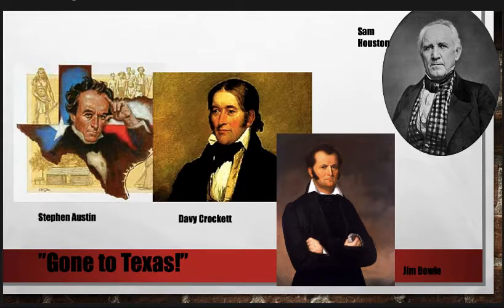Okay? So he basically says, you all no longer have any rights whatsoever. And he begins to raise an army to send to Texas to enforce what he wants them to do, which is become Mexican citizens.